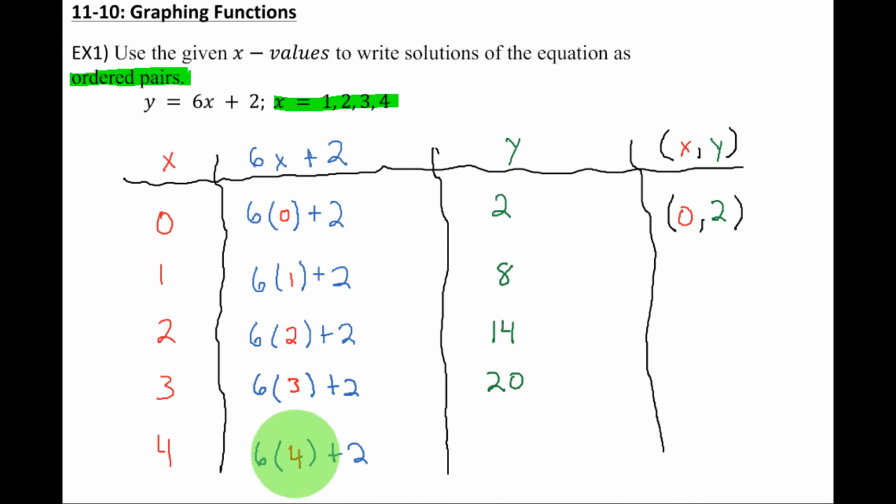And 6 times 4 is 24, plus 2 is 26. Now one thing I want to note about writing your ordered pairs is that your x value always comes first, y always comes second. But you can create your own x values to find out what those outputs, the y values, will be. Cool.